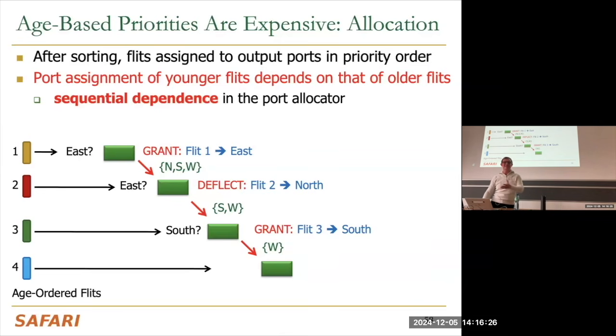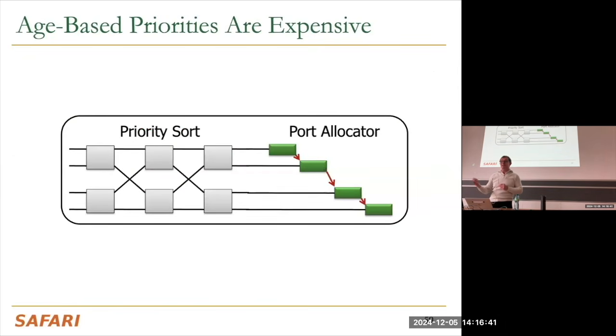If it requests west, it's lucky. If it doesn't, then it also gets deflected, as you can see. So now we deflected 2 flits, and we've granted productive ports to 2 flits. This could actually lead to not so optimal decisions also, as we will see later on. Okay, so this is the router that we kind of designed. You have a priority sort that determines which flits are which priority, and then you allocate the ports based on priority levels.